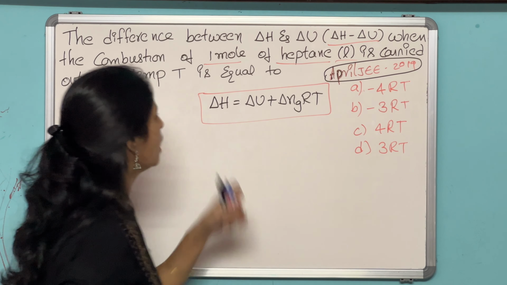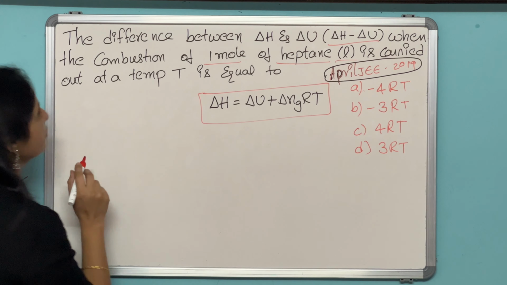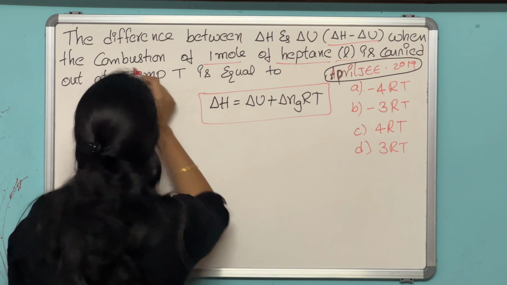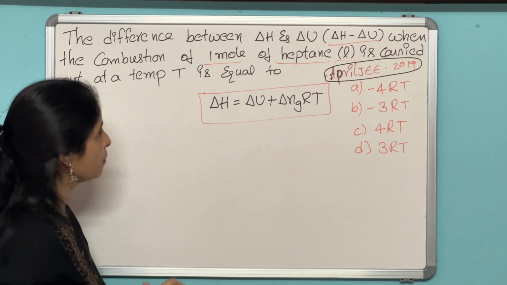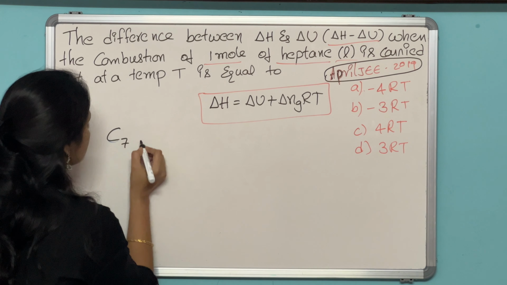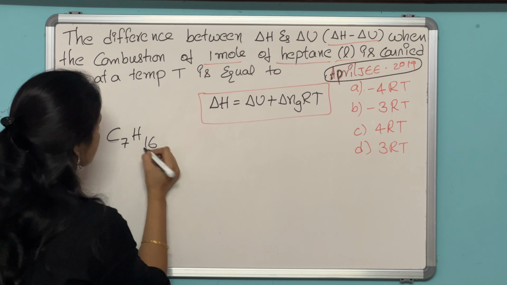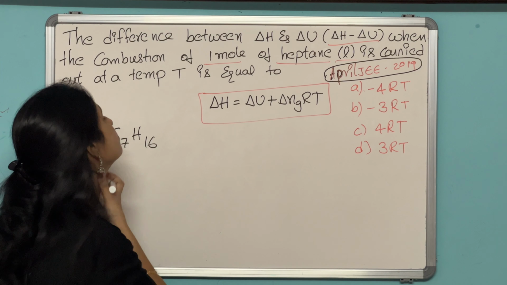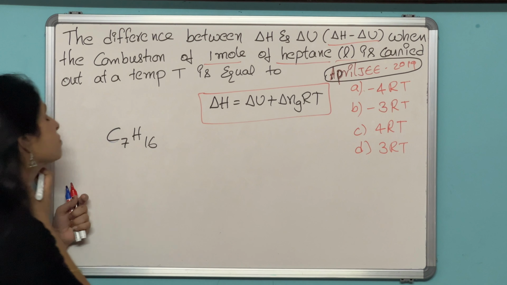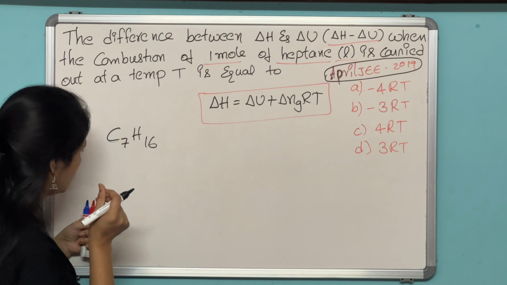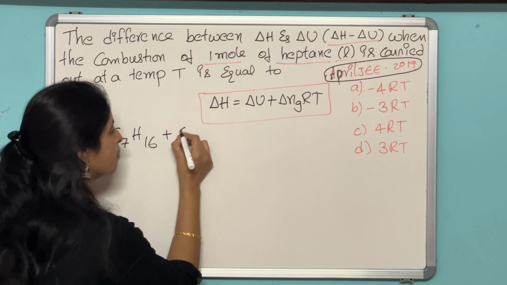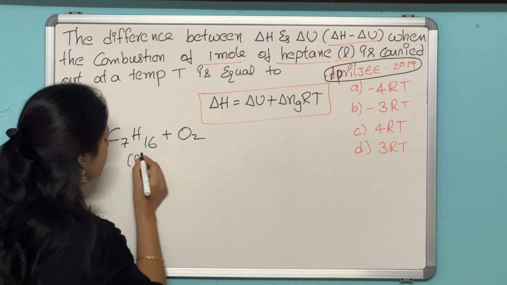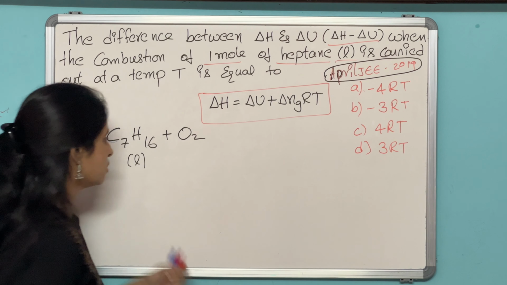Okay. So now, what is the question? Combustion of heptane. Heptane here is C7H16. When this hydrocarbon is combusted, it is in the liquid form. He has given that also.